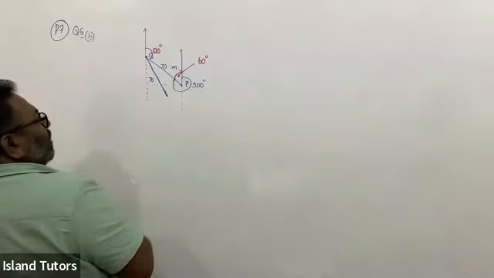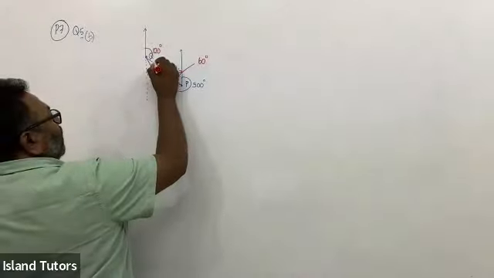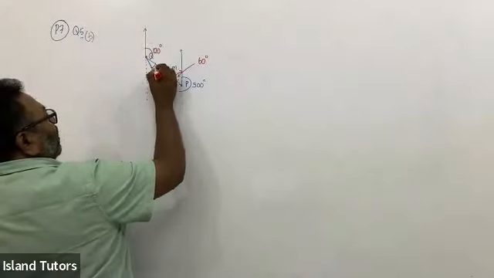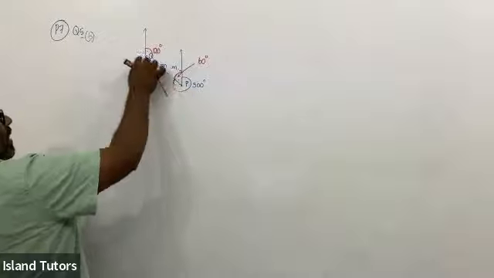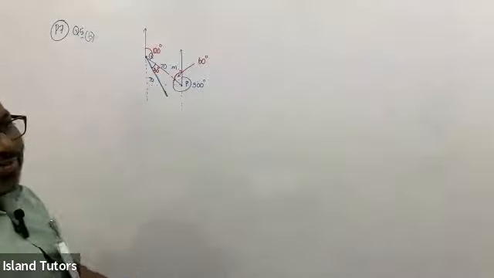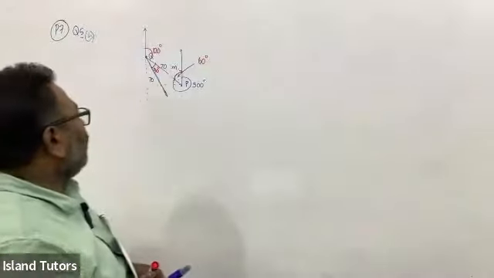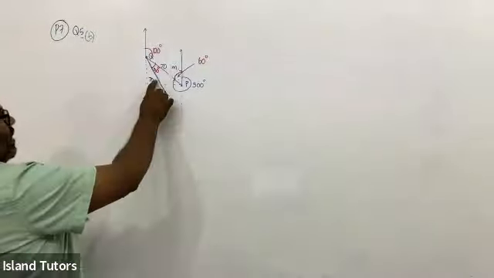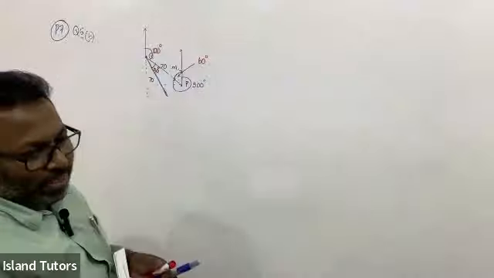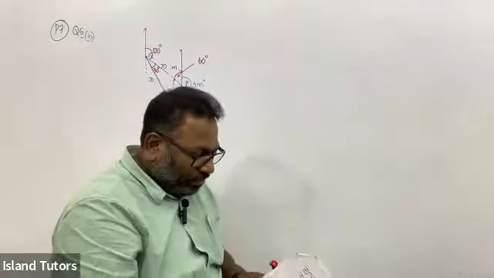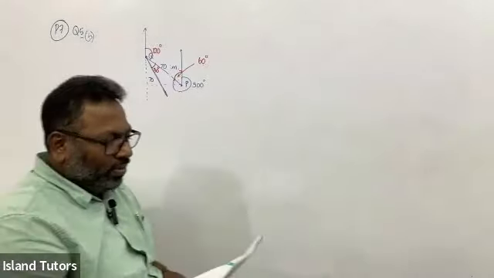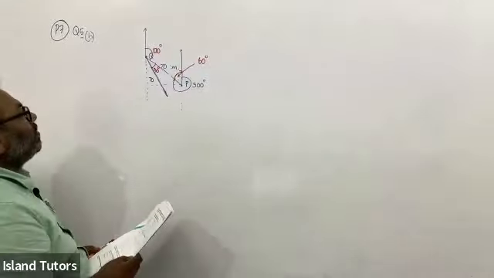And this angle is going to be another 30 degrees. So 120 plus 30, the angle magnitude is 150. The distance they are traveling is 70 kilometers. You have to show that in a sketch.